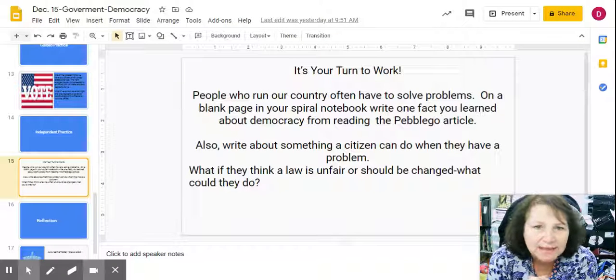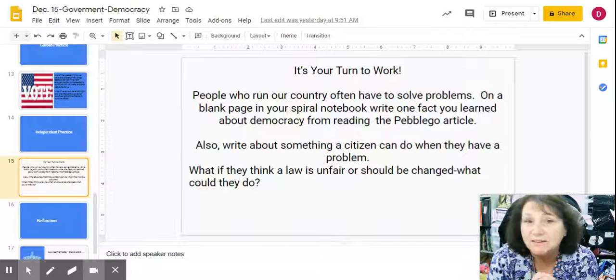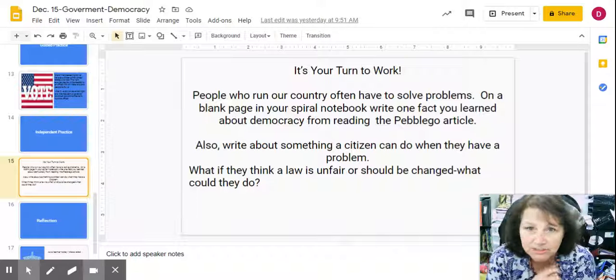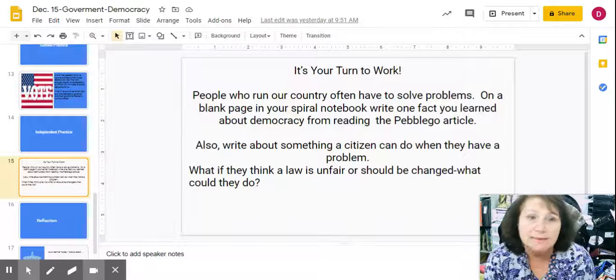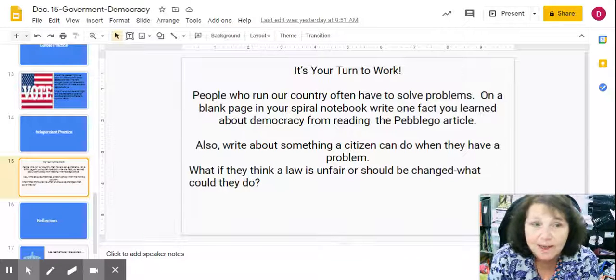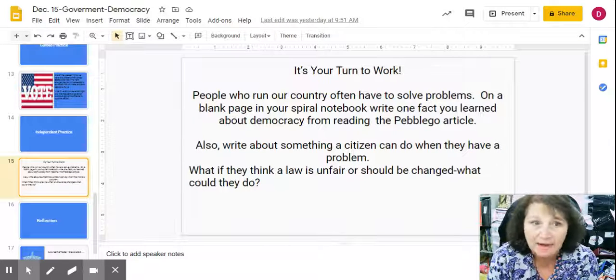Also, write about something a citizen can do when they have a problem. What if they think a law is unfair or should be changed? What could they do? Could they protest that law or protest that decision by a meeting and talk about it?